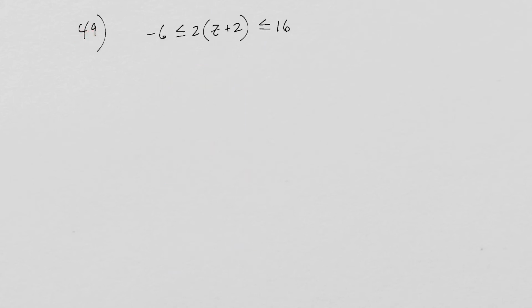Okay, for number 49, I'm going to simplify this section before I do anything else. So I'm going to distribute that 2, and I'm going to end up with negative 6 less than or equal to 2z plus 4 less than or equal to 16. Now I'm going to move this 4 to each side by subtracting it away. So I have to do that to each section.